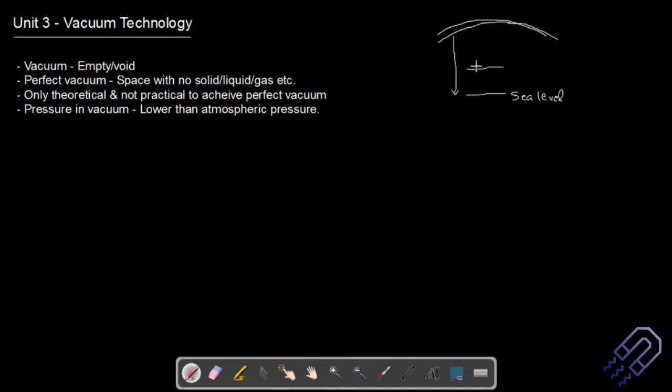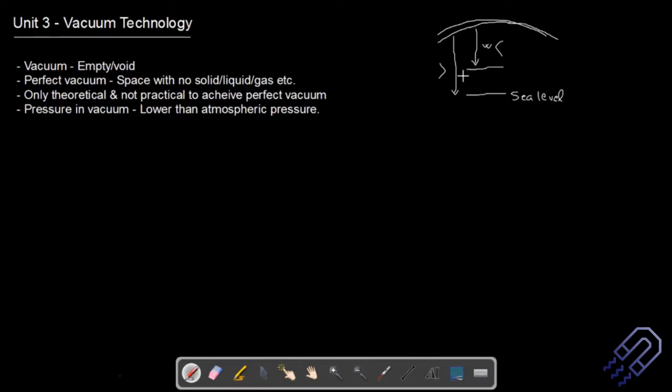But since we are at an elevated level, most of the regions in the northeast are above sea level. Specifically in places like Nagaland, Meghalaya, Mizoram, we are hill stations, so we have less atmosphere above us, which means the atmospheric pressure at this level is going to be less, and at sea level it's going to be more.